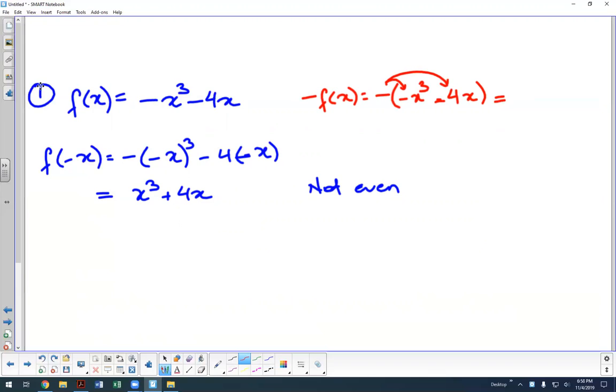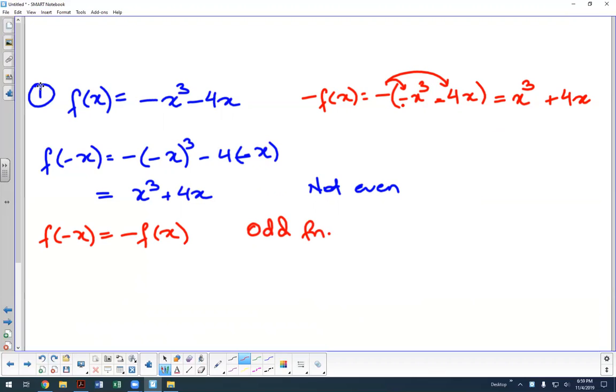We will, right? Because negative times negative makes that into a positive x to the third. Negative times negative makes that into a positive 4x, which is what we got. So that means f of negative x is equal to negative f of x.